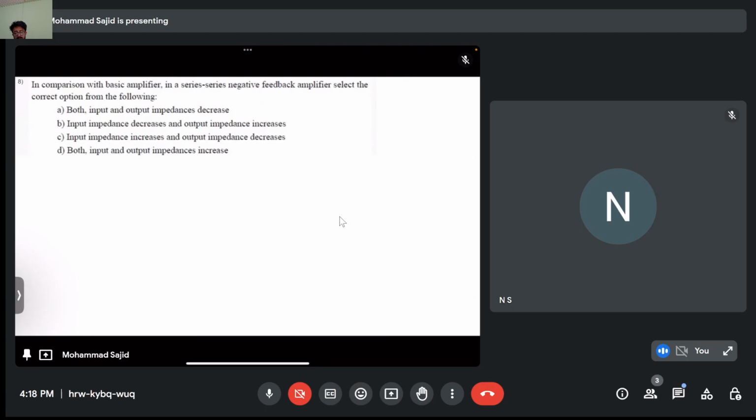Okay, next question is: in a series negative feedback amplifier, series you know. Now series at output means current at output, and you mix the voltage at input. What will happen?